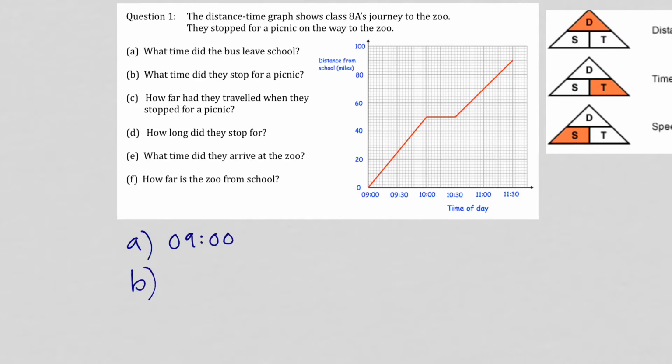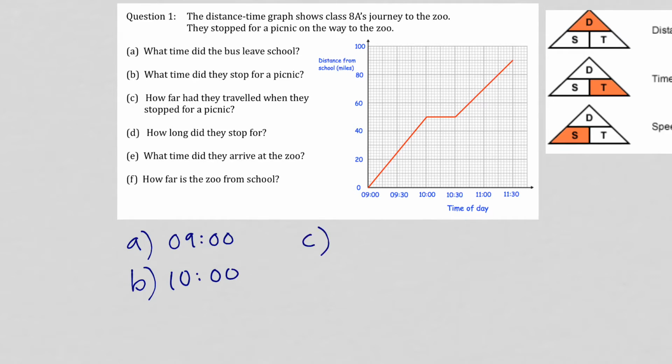Question B, what time did they stop for a picnic? Well, here, our horizontal part is where they've stopped in their journey. And if we look, it starts at 10 o'clock. So they travelled for an hour before they stopped for a picnic.